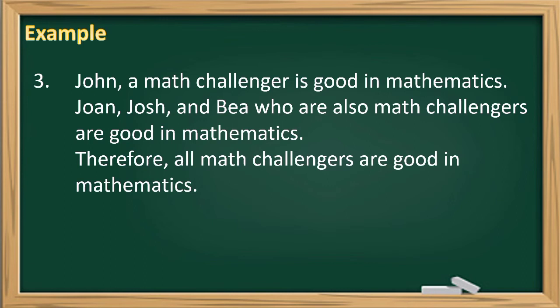In example number 3, you are given specific names of math challengers, John, Joanne, Josh, and Bea, who are good in mathematics. From this specific example, we can conclude that all math challengers are good in mathematics.